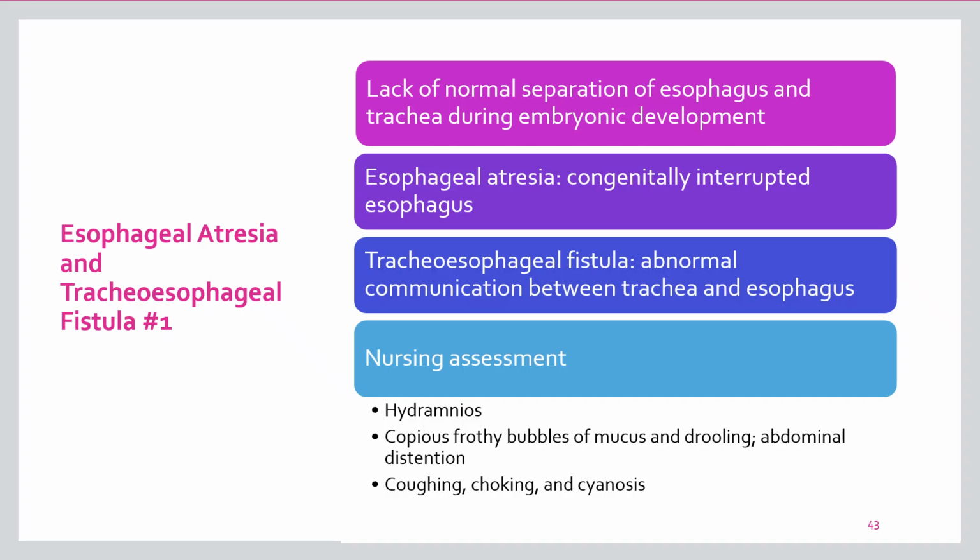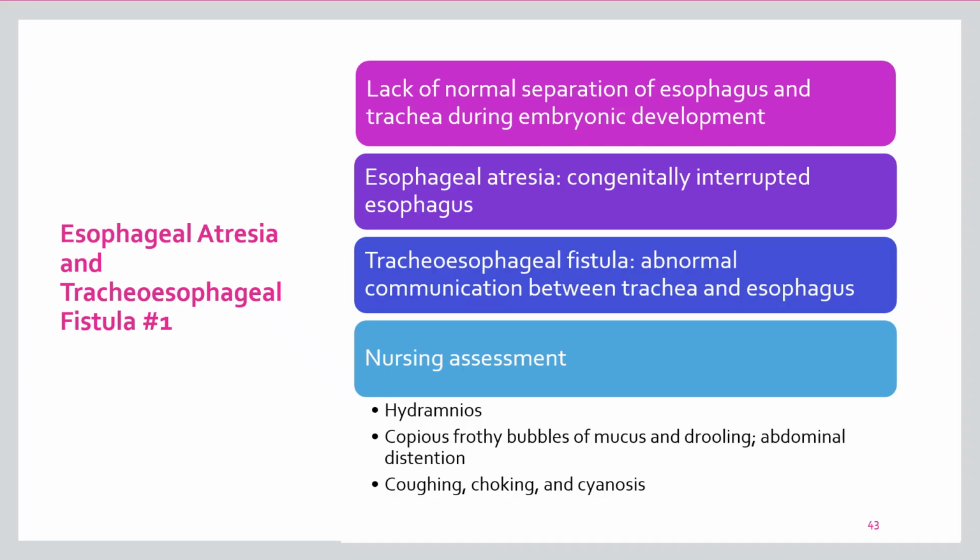What happens when the trachea and esophagus are joined, or there is a connection? Food can go from the esophagus to the trachea and cause aspiration in the baby, and air can go from the trachea to the stomach and cause gaseous distension.